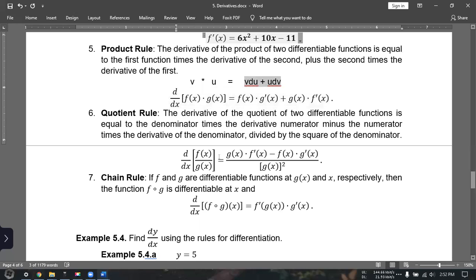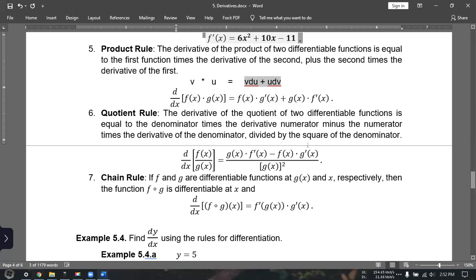Number 6, we have the quotient rule. The derivative of the quotient of two differentiable functions is equal to the denominator times the derivative of the numerator minus the numerator times the derivative of the denominator, divided by the square of the denominator.